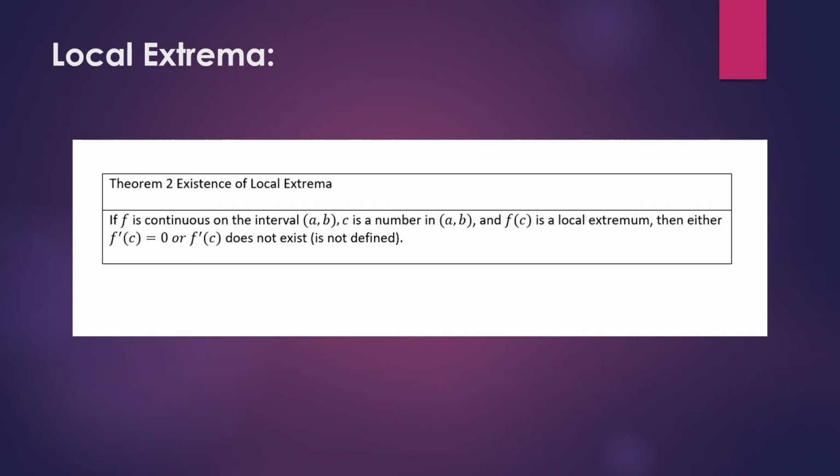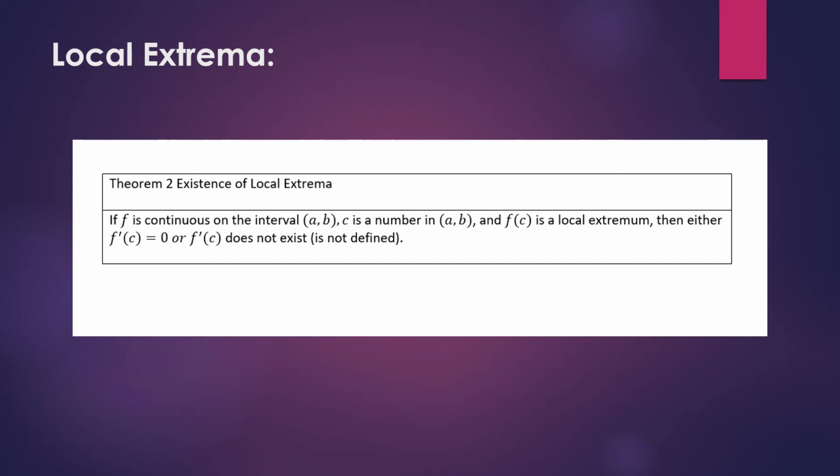So what this is saying is that local extrema will occur when the derivative is 0 or does not exist. But just because the slope is 0 or doesn't exist does not mean that you'll have a local extrema. It's one of those things that to be a local extrema, one of those things has to happen. But just because one of those things has to happen doesn't mean that you will be an extrema. You still need to check.